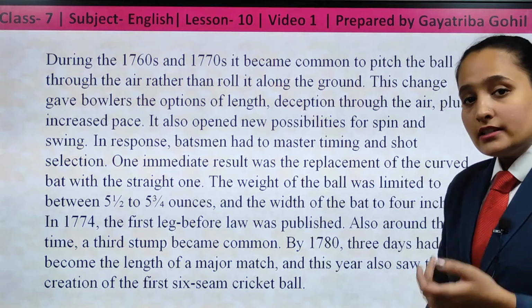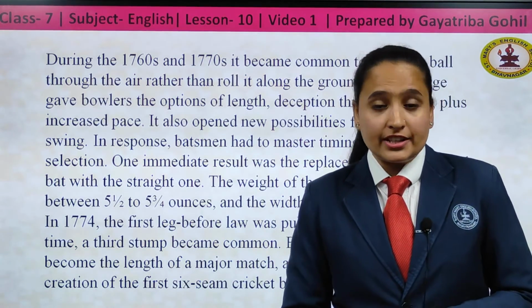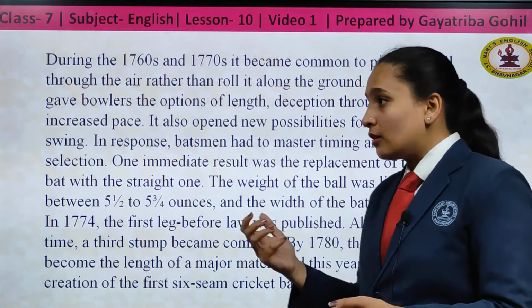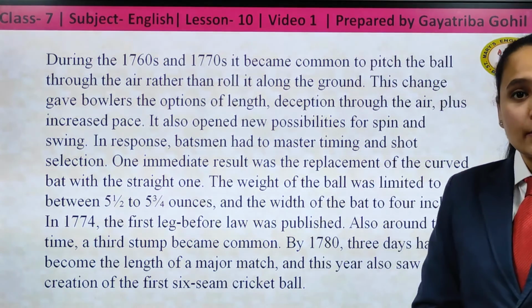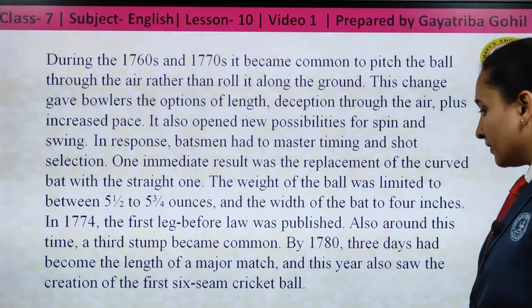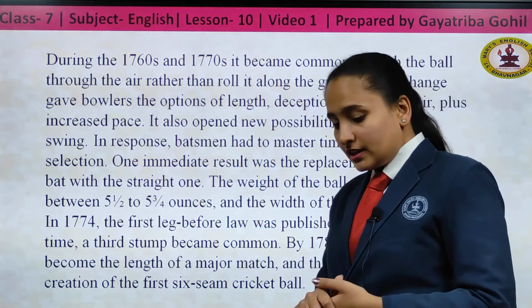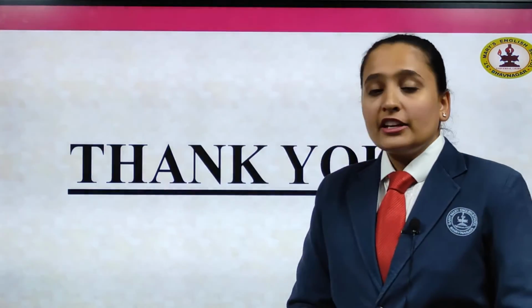Another change was that earlier there used to be only 2 stumps. Now there are 3. That change also took place around that time. Also, the length of a major match was now 3 days. And the first 6-seam cricket ball came into existence. These were some of the changes that took place during those years.